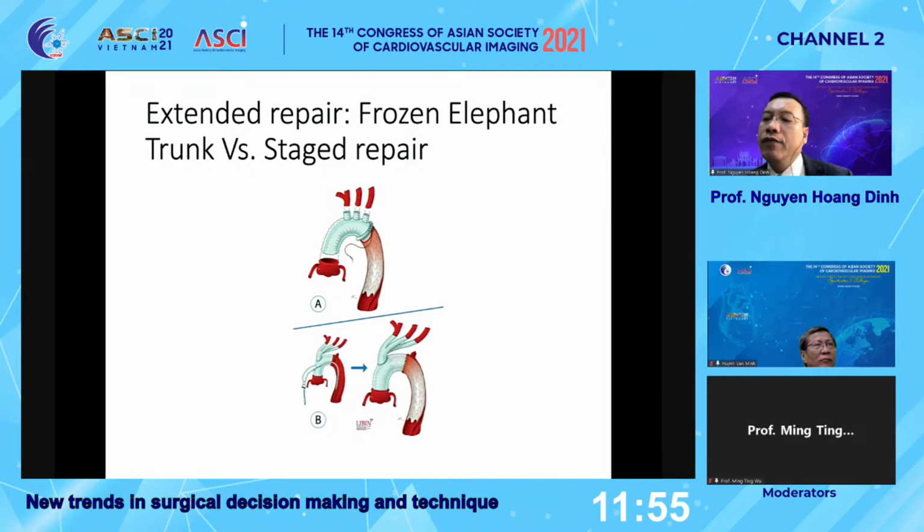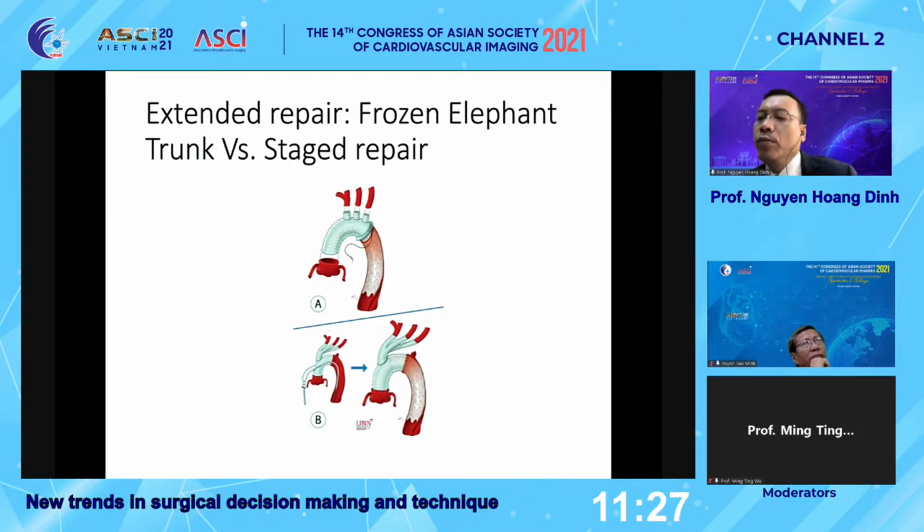Second, significant aneurysmal disease of the arch. Third, distal malperfusion. And fourth, concomitant descending aortic aneurysm. They also said that for young patients and patients with connective tissue disease, an extended technique for arch repair should be considered.